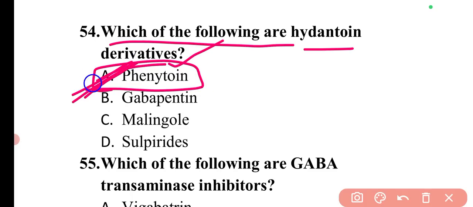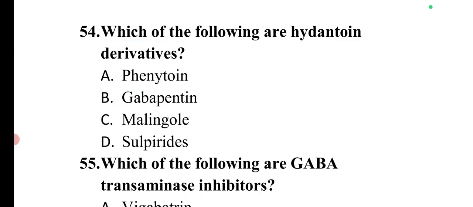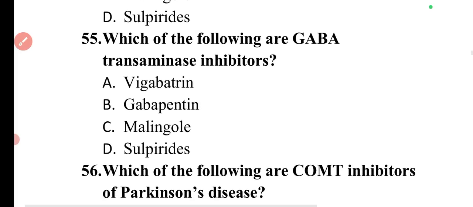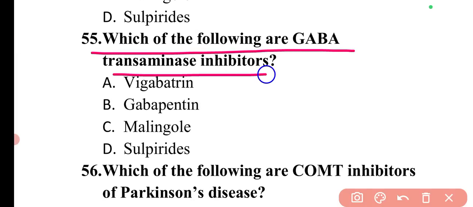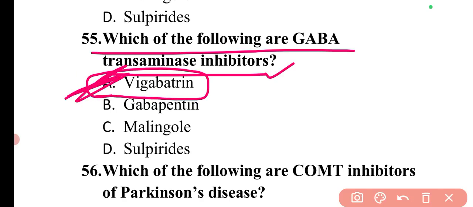So here option A is correct. Other than that, those drugs are not hydantoin derivatives. So here option A will be the only correct answer. Next question is, which of the following are GABA transaminase inhibitors? So the GABA transaminase inhibitor is vigabatrin. So here option A is correct.